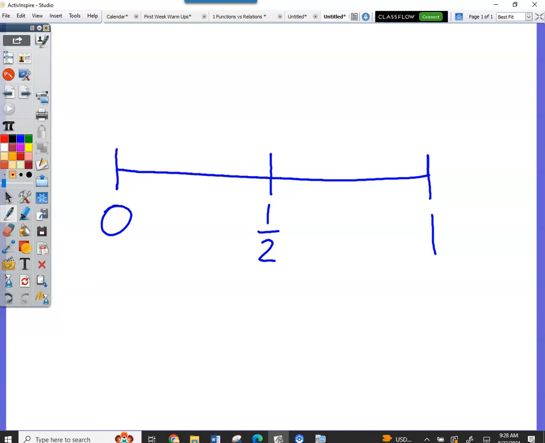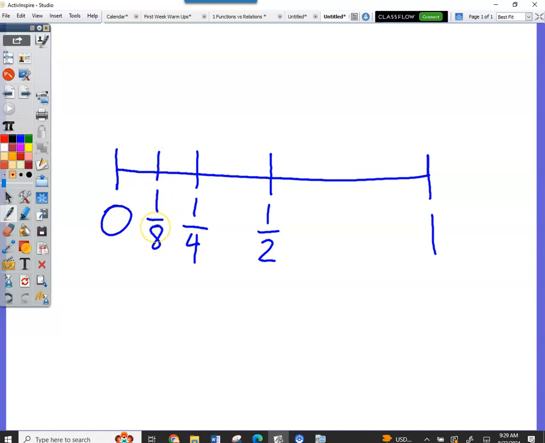A half. What's halfway from 0 to a half? 1/4. What's halfway from 0 to 1/4? 1/8.